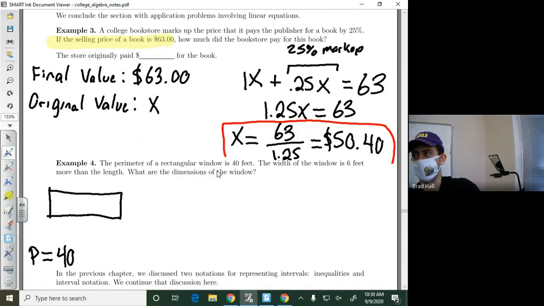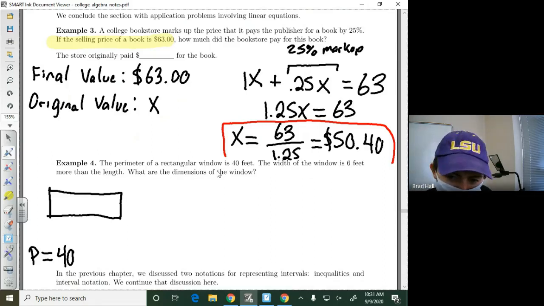Does anyone in here remember what a perimeter means? The area is like two sides multiplied by each other, and then the perimeter is like all four sides. Yeah, the perimeter is adding all 4 of the sides together.